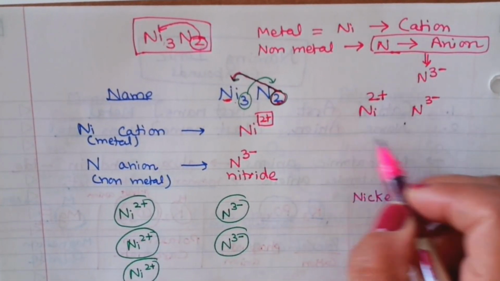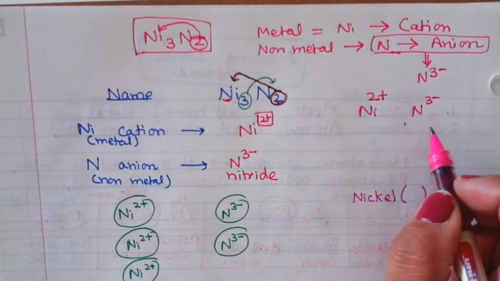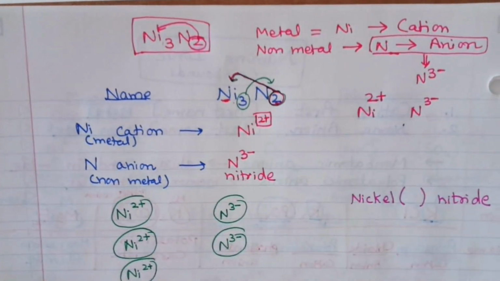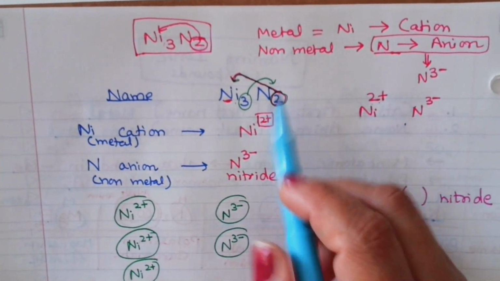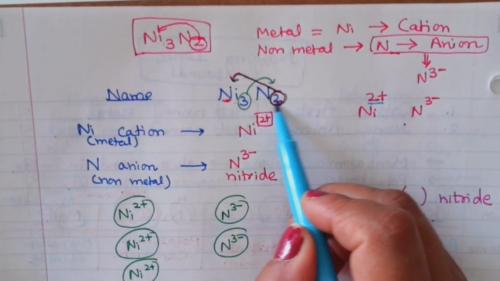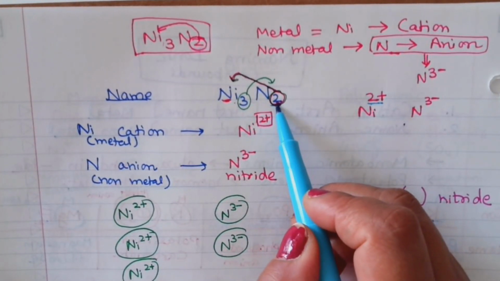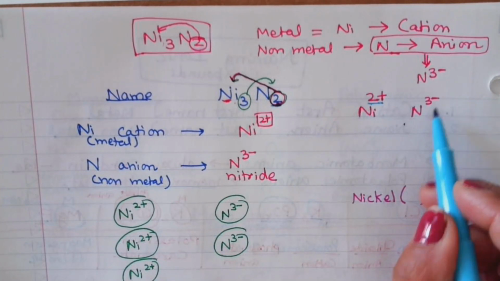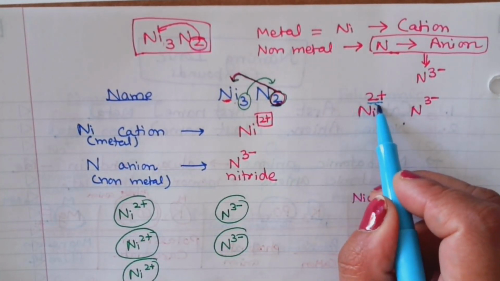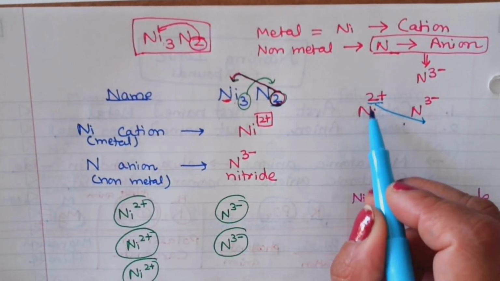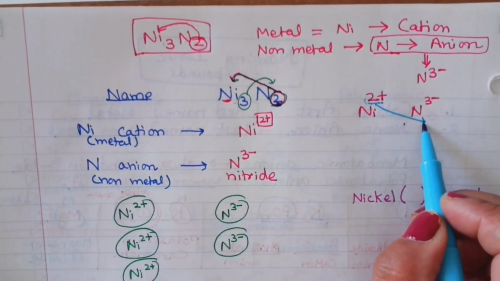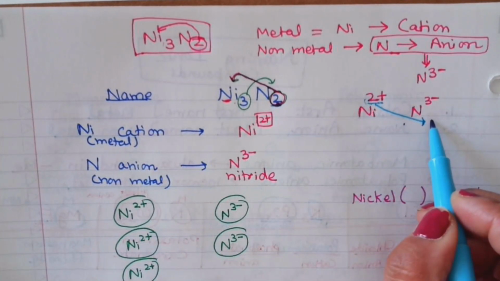Now we have these two. Let's check if we get the same formula or not, right? So we have these two ions, nickel 2+. How did I figure out the charge? From the subscript of the anion, and nitrogen has a charge of 3-. So now what we do is we do a crisscross. Take this charge and make it a subscript of nitrogen.